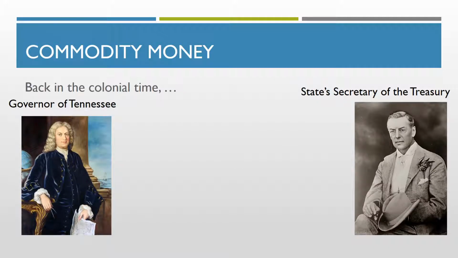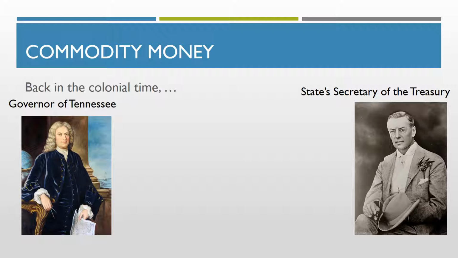In a more advanced economy, people use different forms of money to exchange. And there is one particular kind that we call commodity money. This is a very popular money that people use to exchange goods and services.